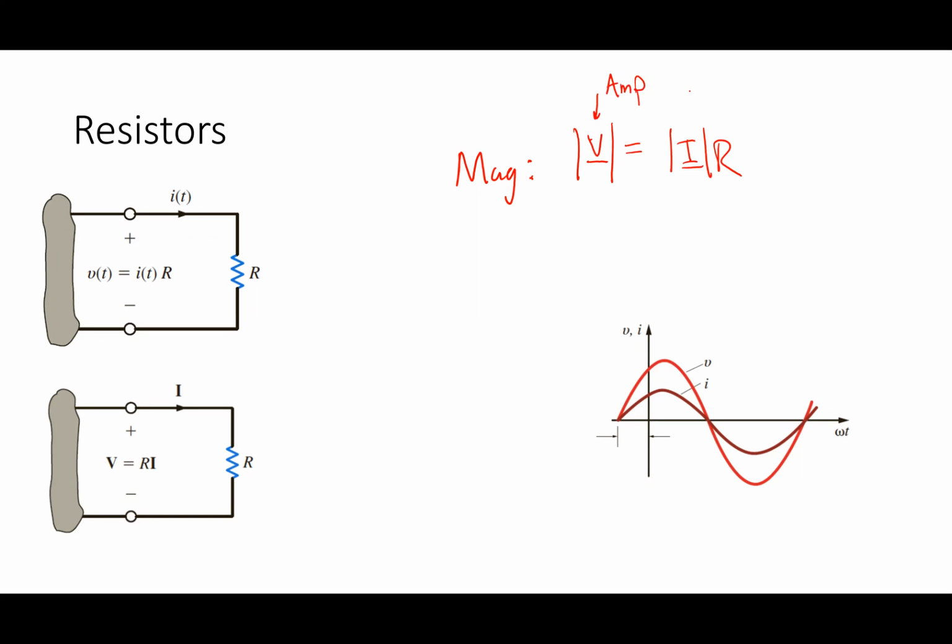So if this had a peak value of 5 and this had a peak value of 10, this would be 5 and this would be 10.